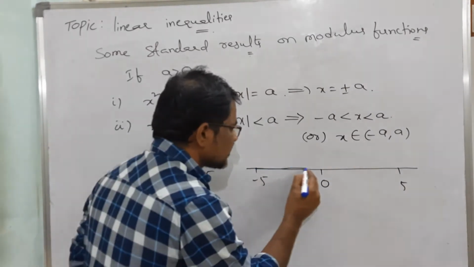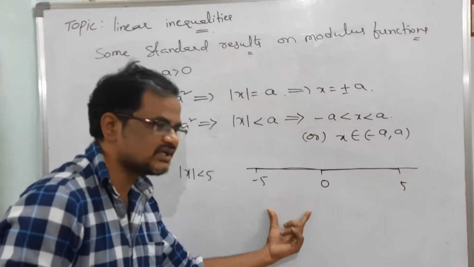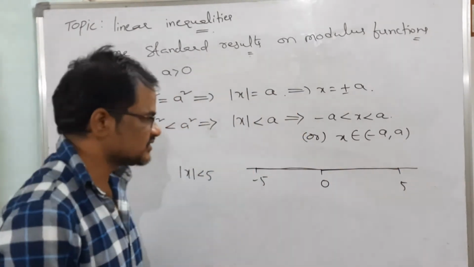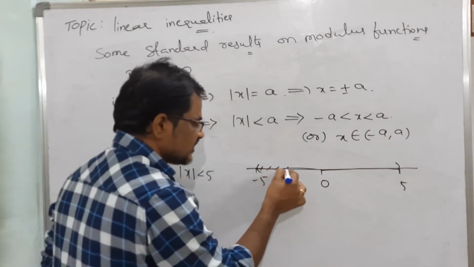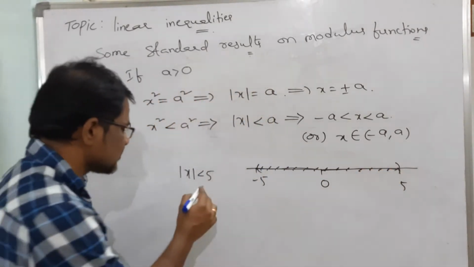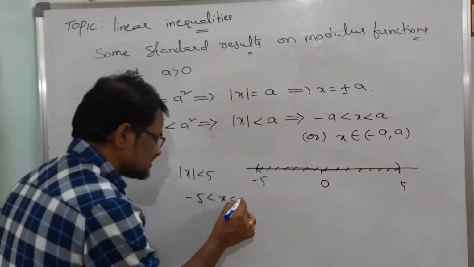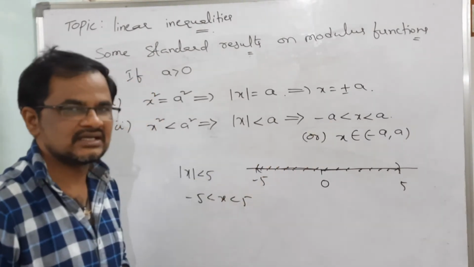This is the negative side, this is the positive side. So x is located anywhere between -5 and 5. Between -5 and 5 means we write -5 less than x less than 5. So by that you will get this condition.